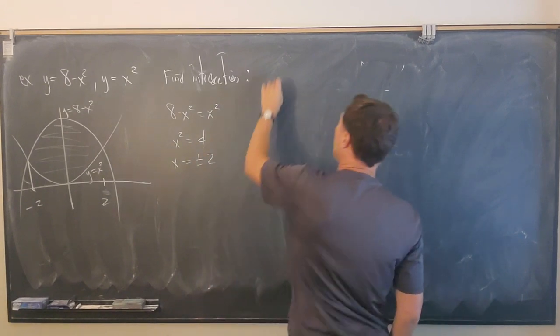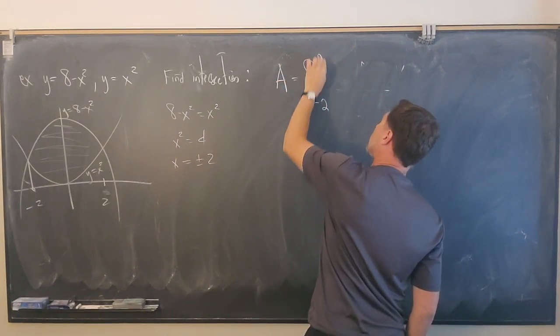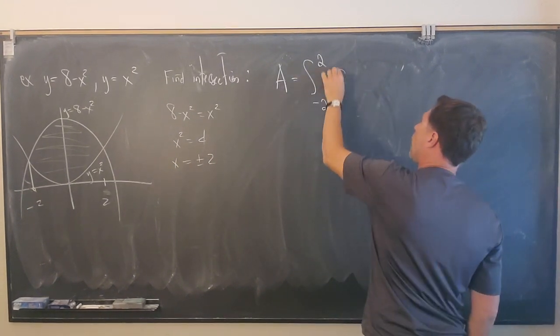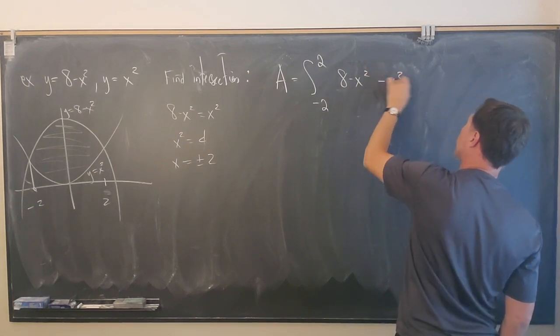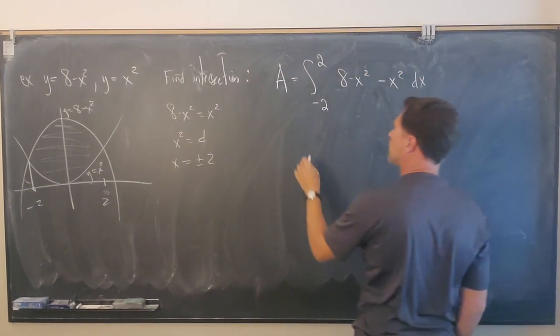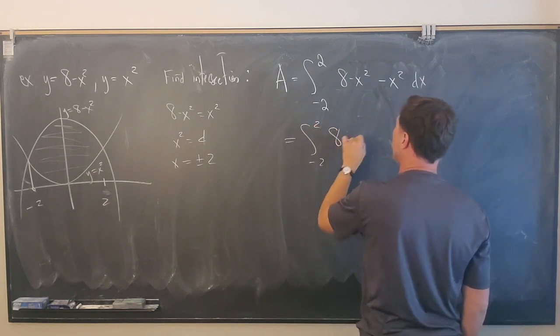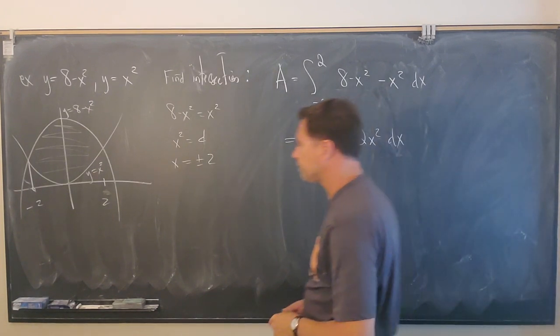And so the area is going to be the integral from minus 2 to positive 2 of top function minus bottom function, which we can simplify now. What we get is the integral from -2 to +2 of 8 minus 2x squared dx.